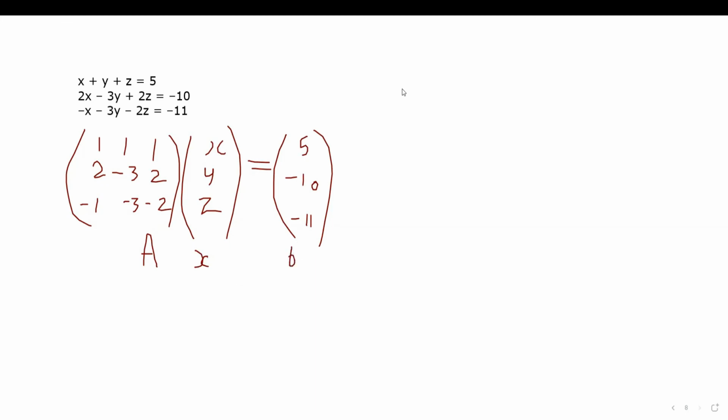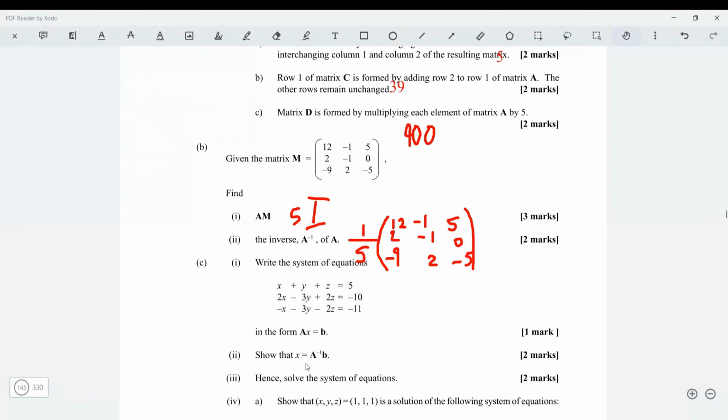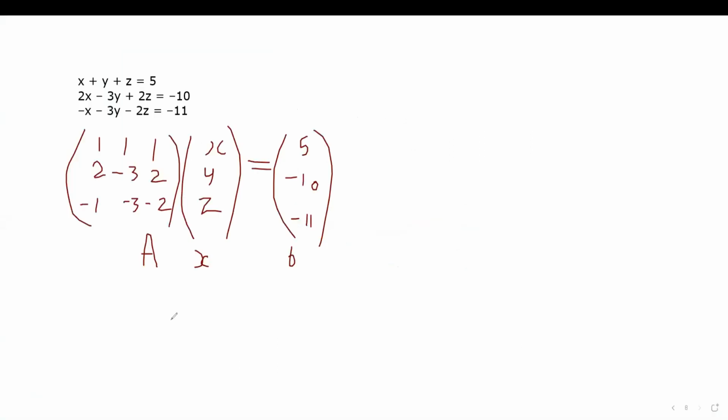Nice. Now it says, show that X equals A inverse B. That's easy. If you have AX equal to B, then you can pre-multiply both sides by A inverse. So I get A inverse B on one side, and A inverse times AX on the other.